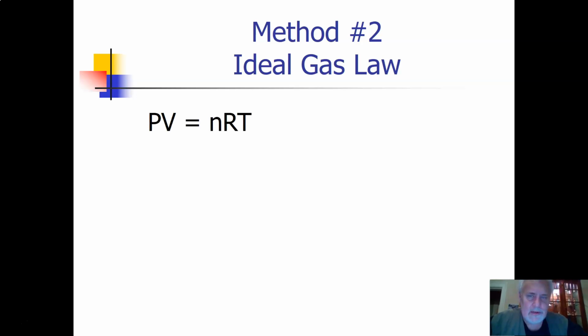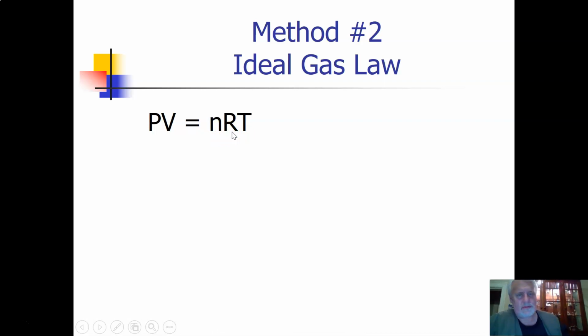PV equals nRT, nicknamed pervert inert. Okay? And the ideal gas law has 3 things that you already know what they are: pressure, volume, temperature. And then we got the n and R.